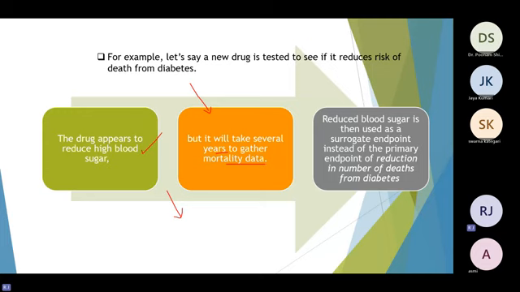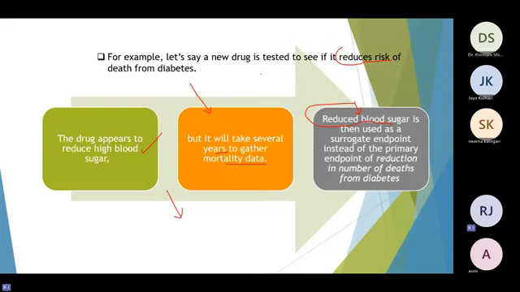So what we'll see, in order to know whether our anti-diabetic drug is going to reduce the risk of death from diabetes or not, we'll see the blood sugar level. Okay, whether our drug is going to reduce the blood sugar level or not, we can determine whether it is going to reduce the risk of death from diabetes or not. So instead of waiting for subjects to die someday, we can use some other endpoint, right?